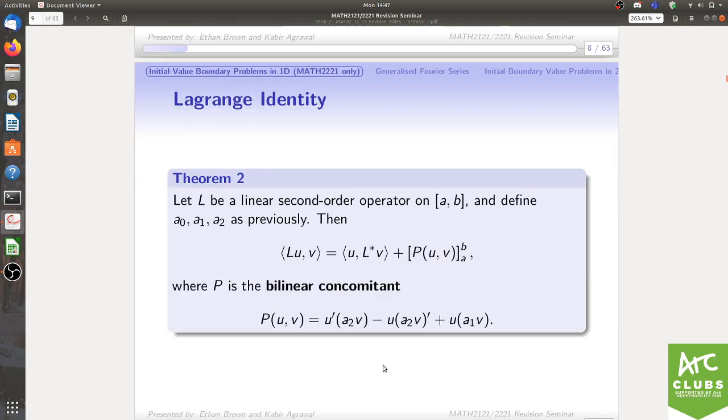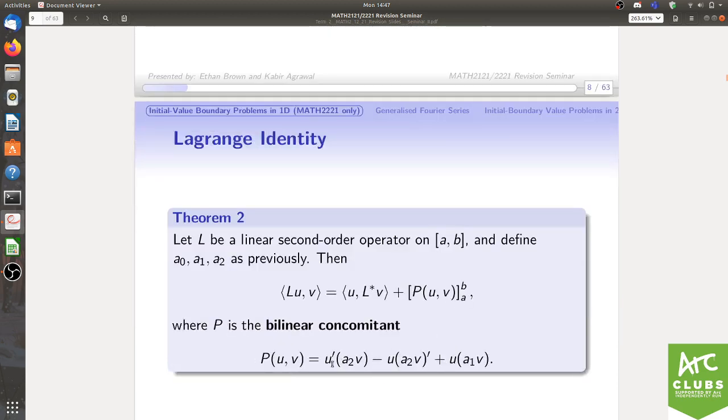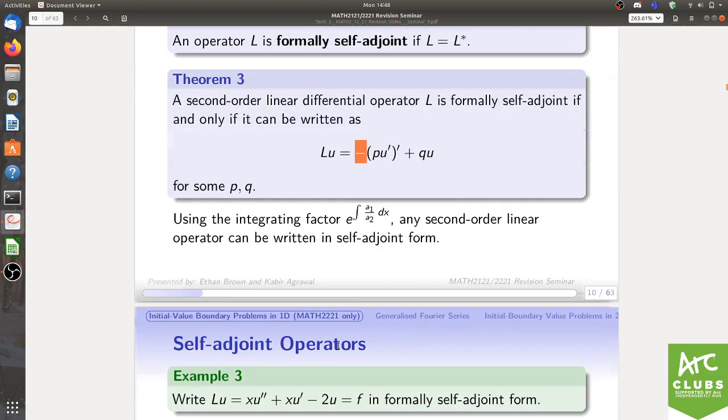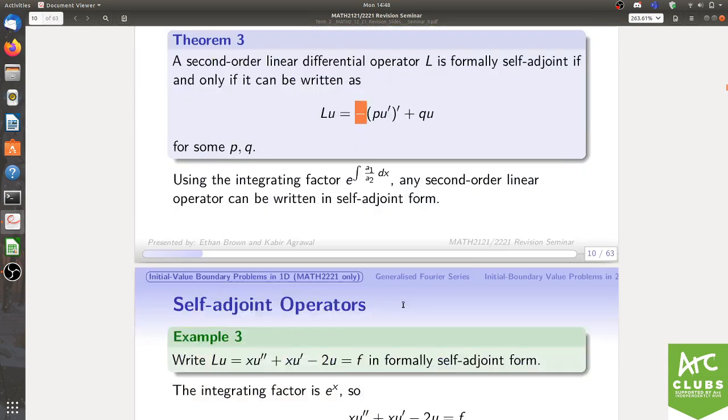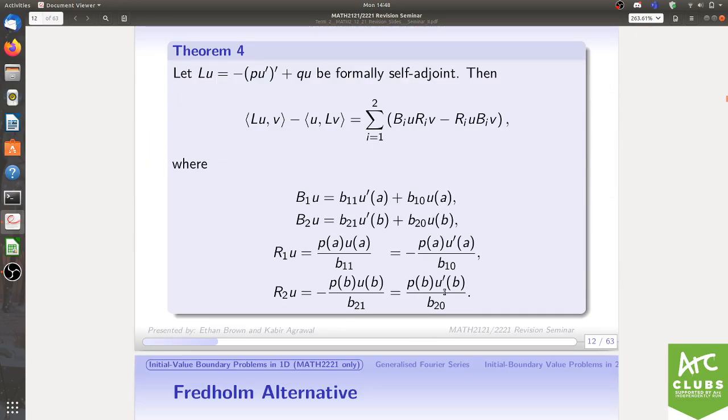Over here you can see that we end up with U dash at B times A2 at B times V at B, so that U dash at B plays some kind of role. Over here we have the U of B, and again U of B. Then we have A2 of A, A2 of B, V of B, and so on. So what we're essentially doing is condensing the bilinear concomitant into these simpler expressions. It's basically a rearrangement of terms.